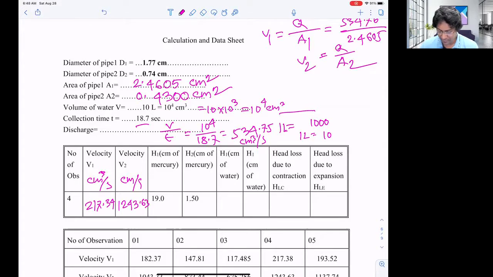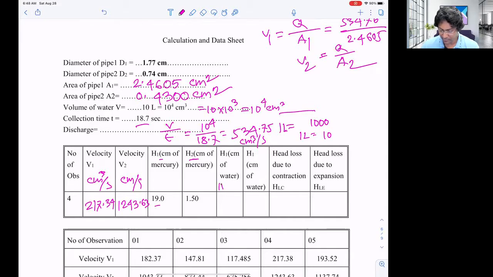And we have the reading H1, that mercury manometer, in terms of mercury it is 19. And we have another at section 2, the difference between P2 by gamma minus P3 by gamma, we have H2, it is 1.5. So we can calculate that, right?